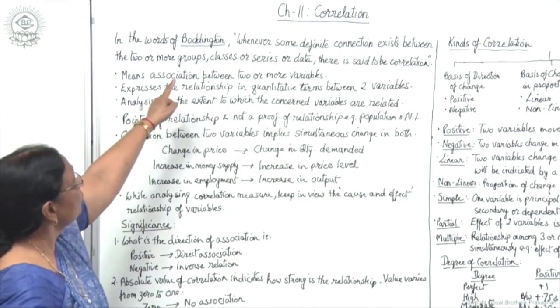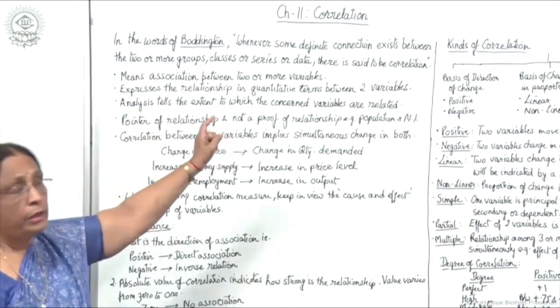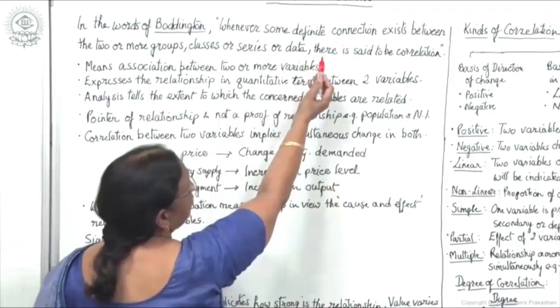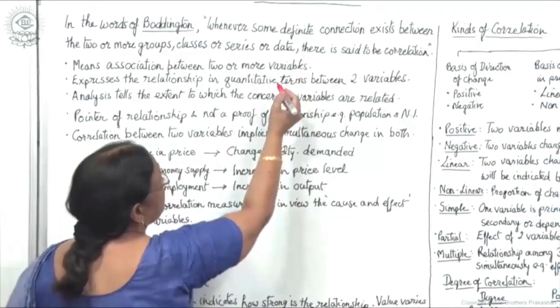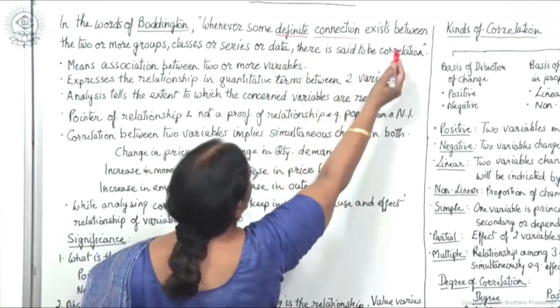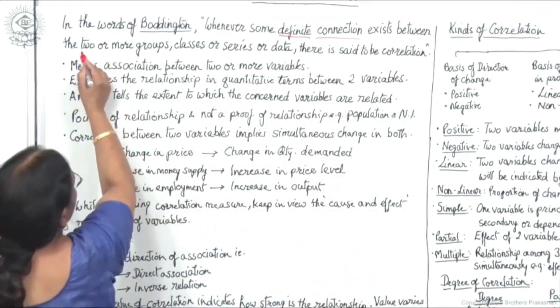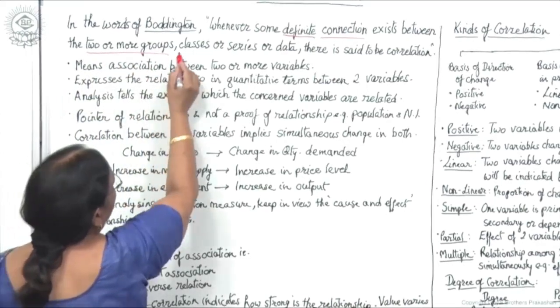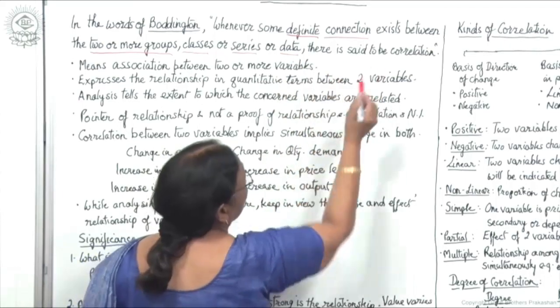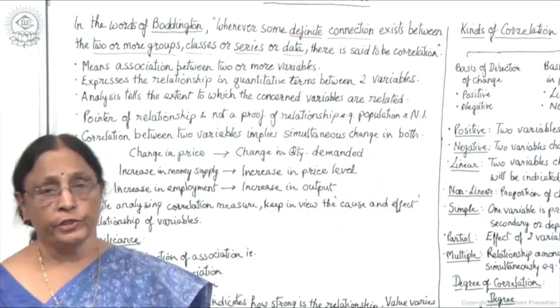Now, in the words of Boddington, he defined correlation as: whenever some definite connection exists between two or more groups, classes, series or data, there is said to be correlation.